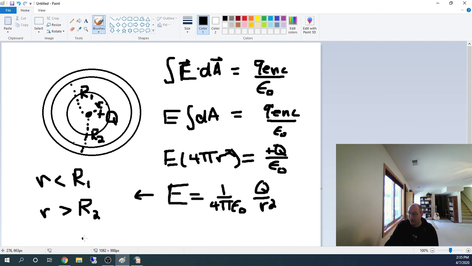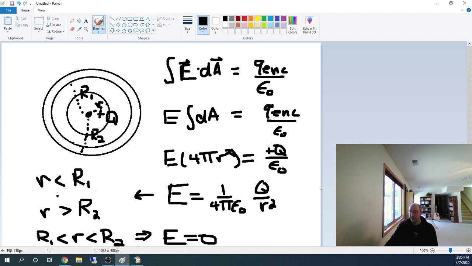And for R between R1 and R2, so when R is greater than R1 but less than R2, that is the region where the electric field is 0, which is inside the conducting material itself.